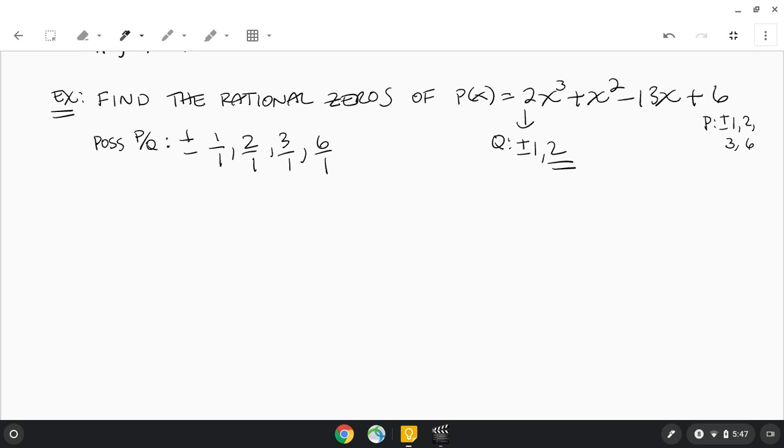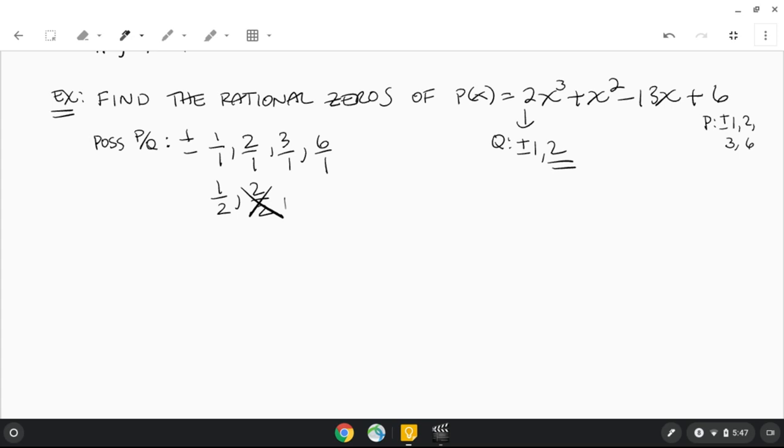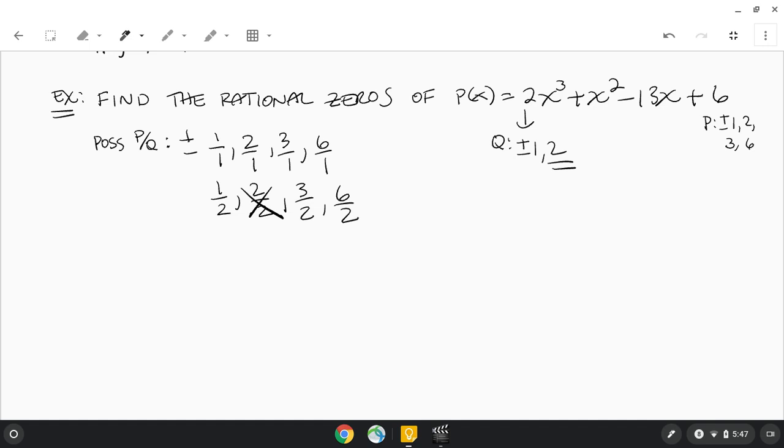I'll do 1 over 2, 2 over 2, but that's the same as 1, so we don't need that one. 3 over 2. And 6 over 2, but 6 over 2 is the same as 3, so we don't need that, because again, it shows up over here.